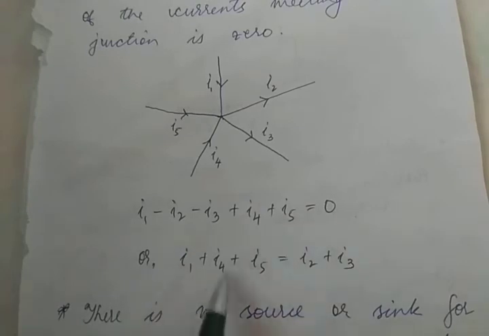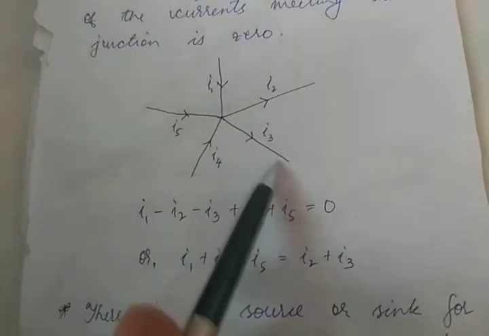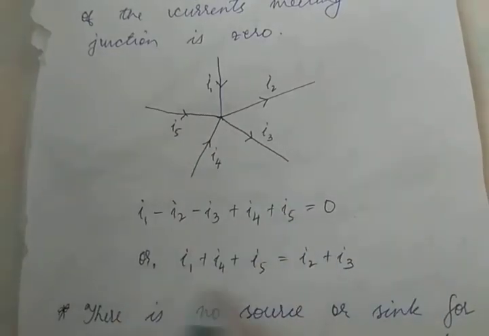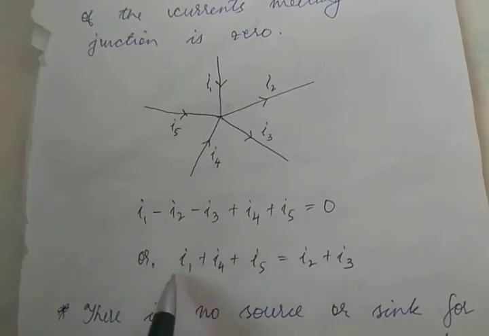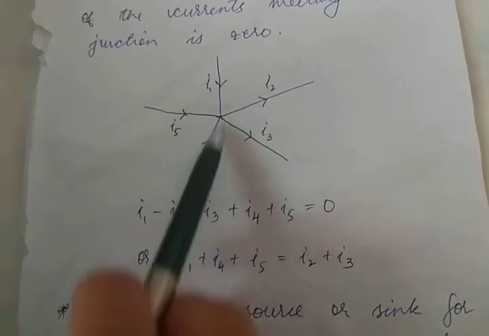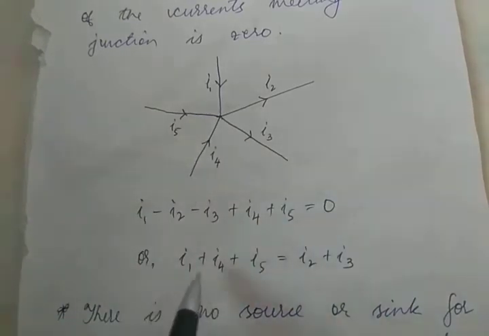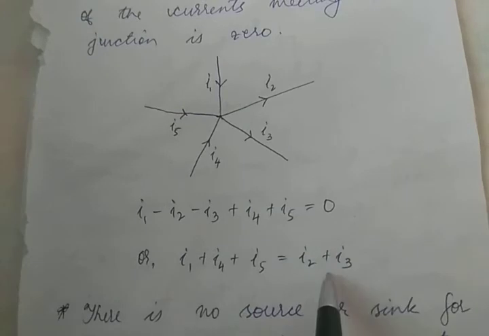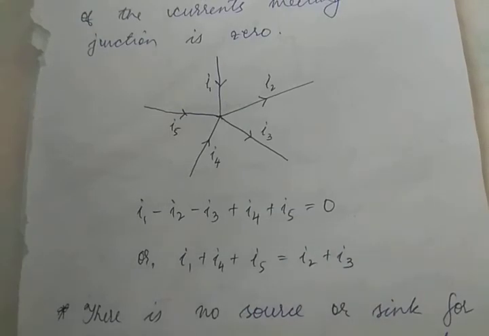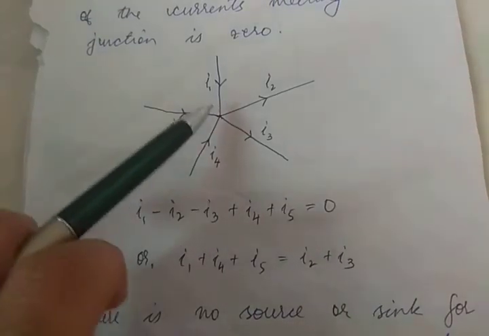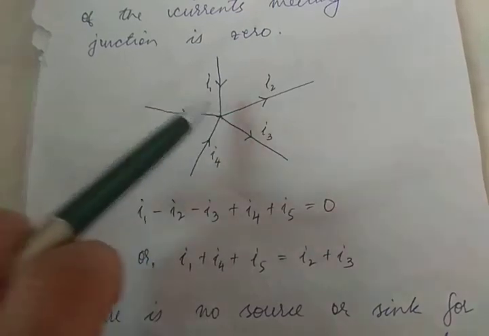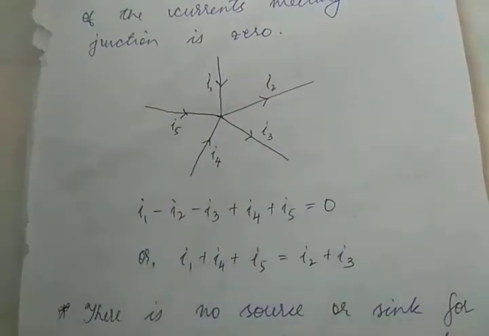So to say, we do not have any excess amount of current flowing out of the junction. Whatever current was flowing into the junction, the same amount of current is flowing away from the junction. So to say, there is no source or sink of current at this particular point.